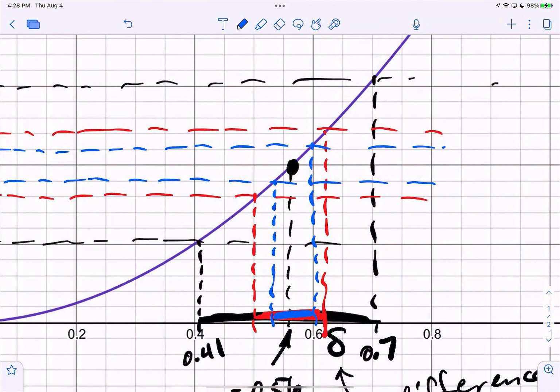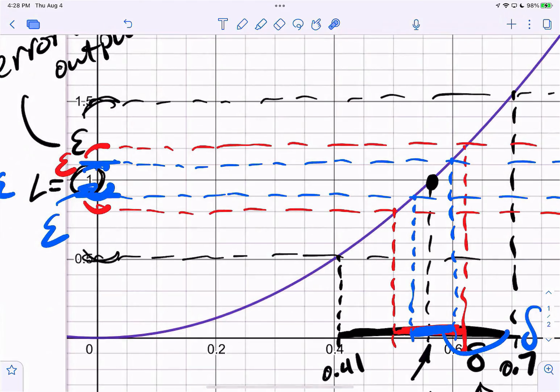And as long as I'm within that blue interval now, and that becomes my delta, as long as I'm within this blue interval for my inputs, then my outputs won't be bigger than this blue line or less than this blue line, right? So if my x values are close enough to 0.56, then my y values will be close enough to 1. Okay.